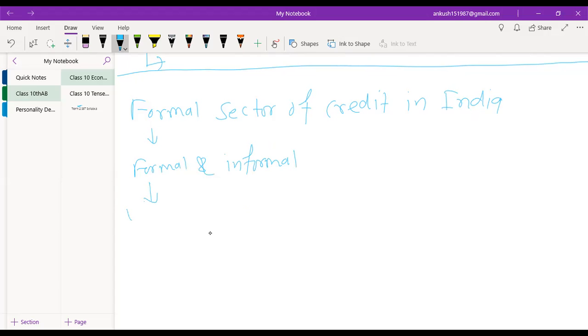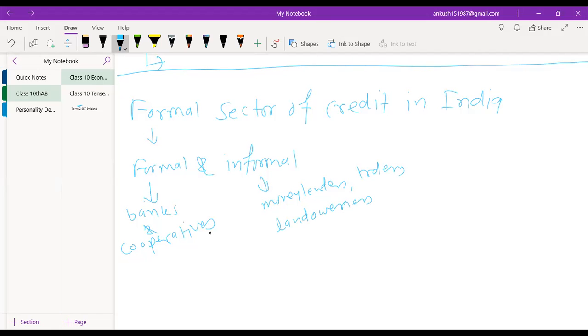The informal sector includes moneylenders, traders, and big landowners.